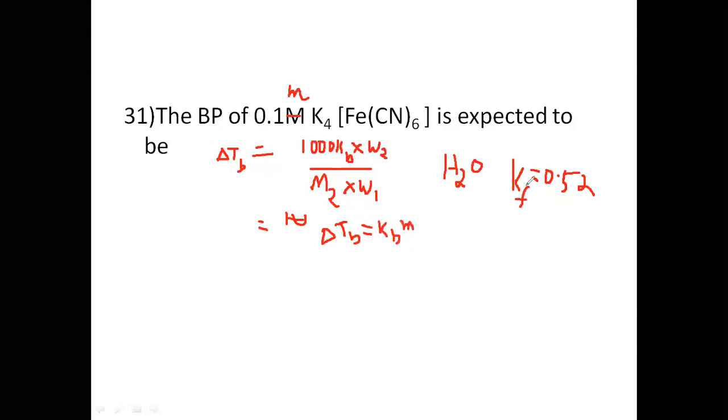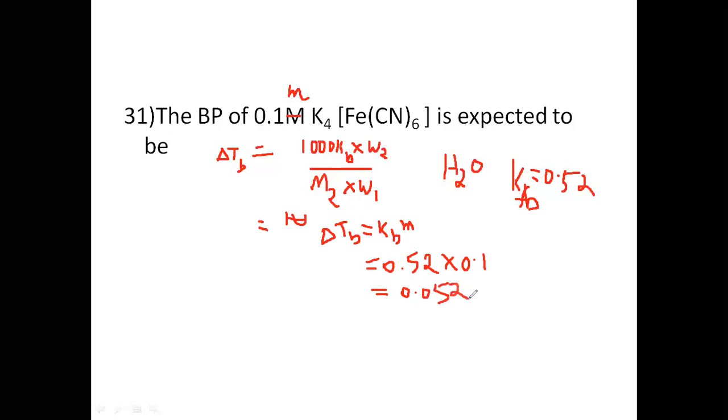And remember, this is not the Kf value, this is the KB value, 0.52. Kf value is 1.86 for water. So molality is 0.1, 0.52 into 0.1 is equal to 0.052.